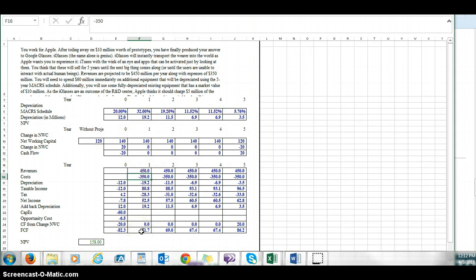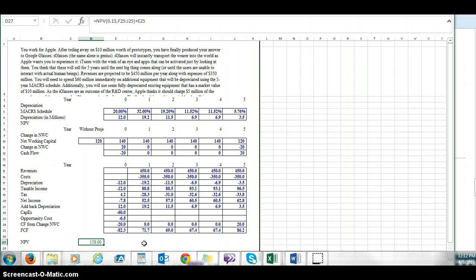Of course, you're going to use the NPV function, and you're going to use all of these cash flows across the bottom. You've already got those calculated. If you use this format, you're just going to get the present value of all these cash flows, and then you're going to add back or subtract out the initial investment here, and then you've got your NPV.